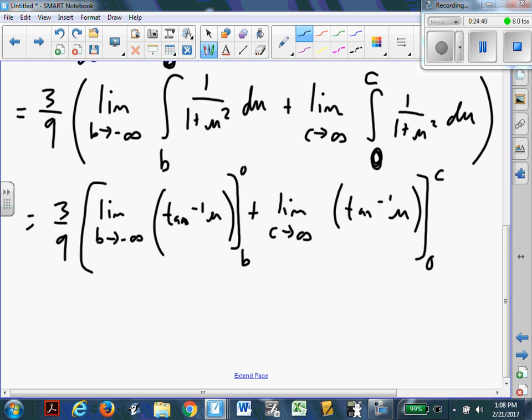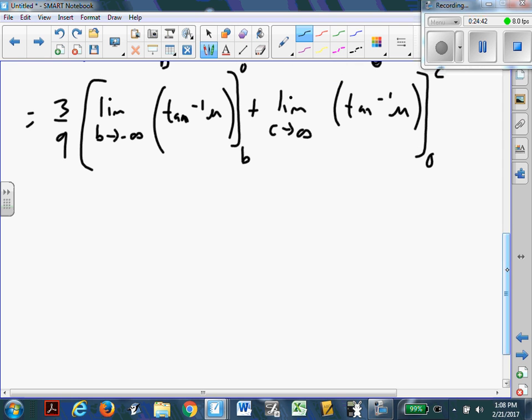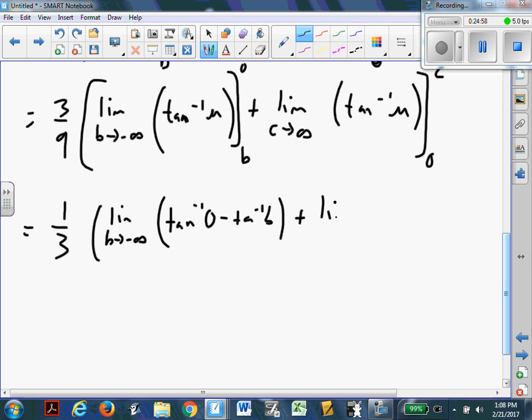And now it's a matter of plugging in and knowing our limits. 3/9 is 1/3, so this would be the limit as b approaches negative infinity of arctan of 0 minus arctan of b, plus the limit as c goes to infinity of arctan of c minus arctan of 0.